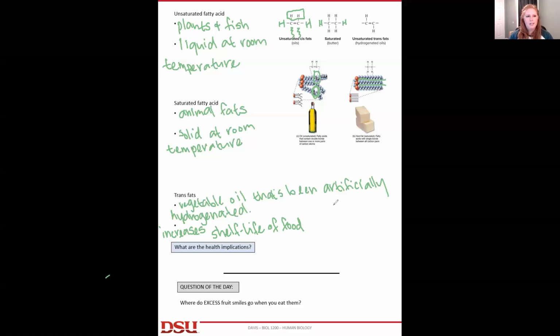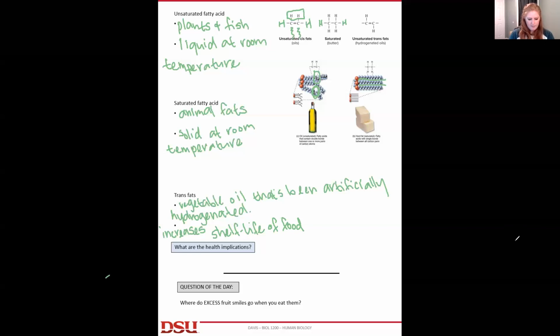Like your chewy cookie, shoot, I can't think what they're called. Chips Ahoy. Chewy Chips Ahoy. It gives it that chewy texture when this is added. So you're going to find it in a lot of processed foods.